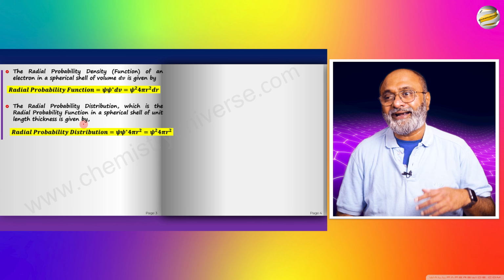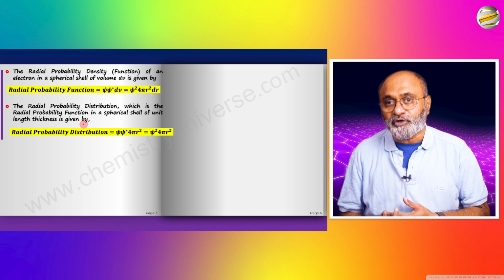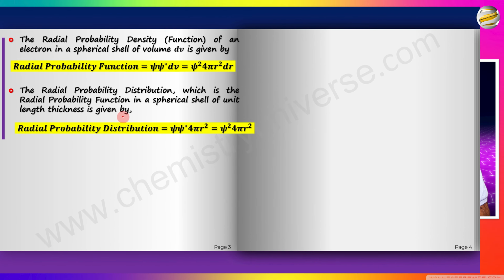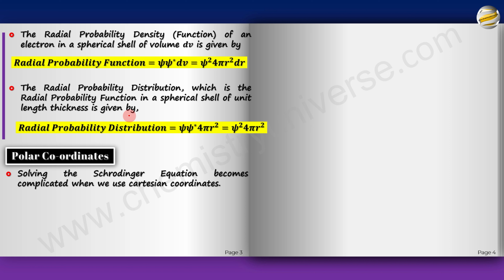So let's try to convert a Cartesian coordinate of an electron into its corresponding polar coordinate. Solving the Schrodinger equation becomes complicated when we use Cartesian coordinates, and to resolve this, we use spherical polar coordinates.